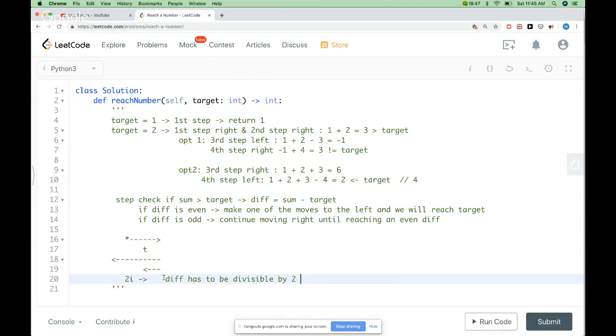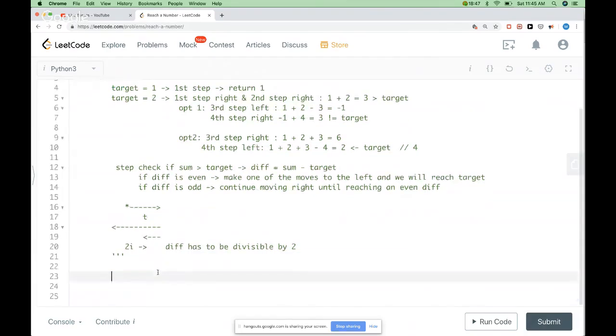For this math to work out, it has to be divisible by 2, and so that's why when it's even, we found the minimum number of steps, and if it's odd, we continue until we find an even difference. So yeah, that's the intuition.